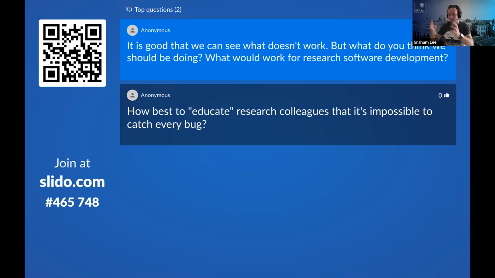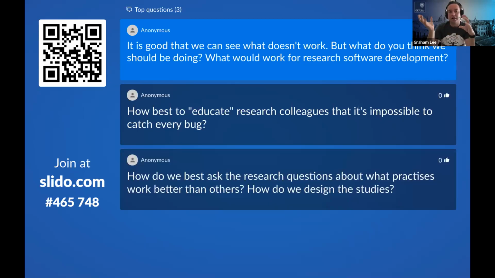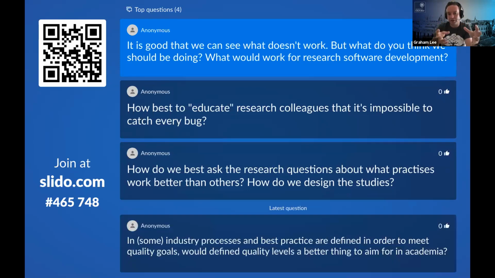We need to say, in my group, we are trying to provide accurate weather forecasting 10 days out, or identify good drugs for this particular membrane interaction, or whatever it is. What are the things that we can do that make that better? Not what are the things that make our software better, because our software is merely an instrument for doing that other thing.